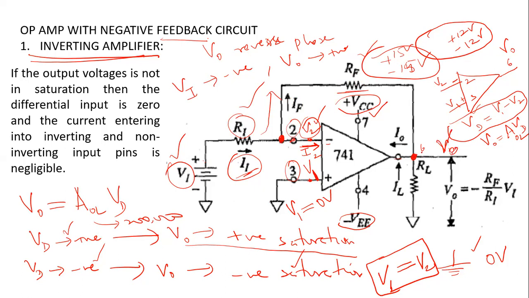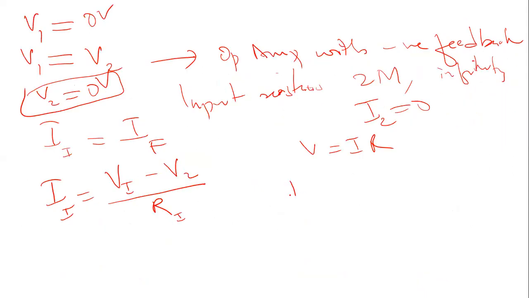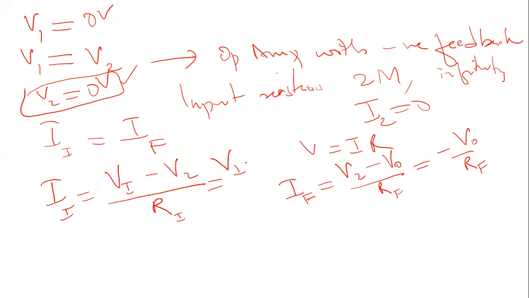So potential difference upon resistance will give you your feedback current IF. IF will be V2 minus V0 upon RF. And we know that V2 is 0. That means this will be V0 upon RF, with the sign as given. And also here we know that V2 is 0, so your II will be VI upon RI.